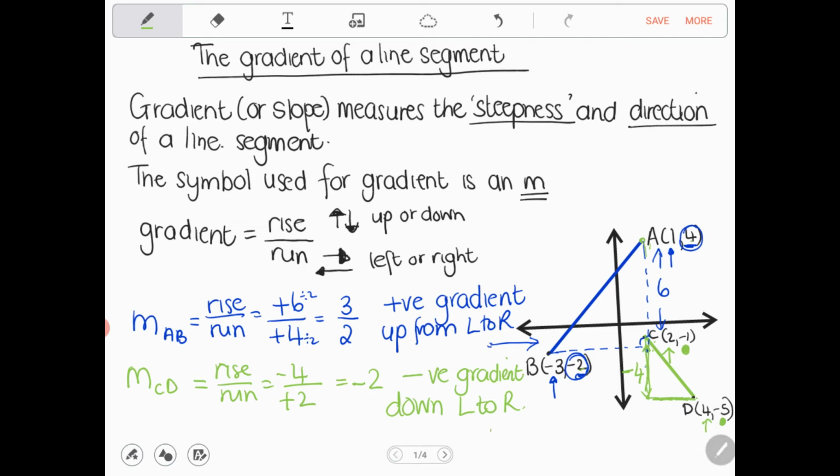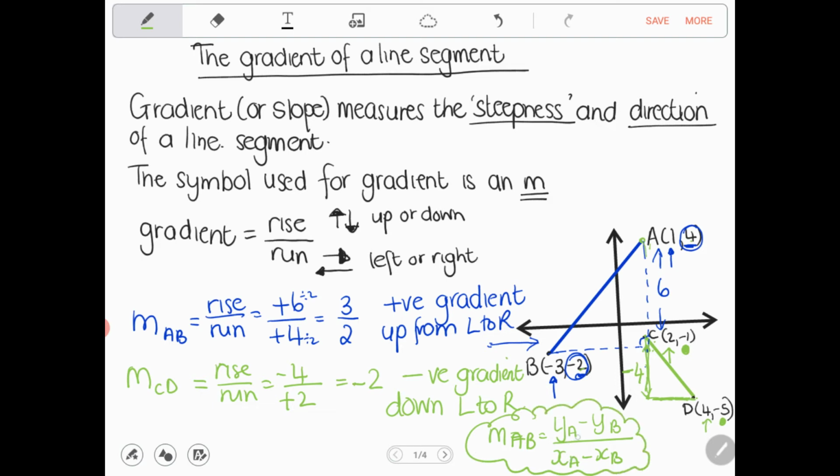And we change it into this formula. So if we wanted the gradient of AB, we would go the y at A minus the y at B. That would give me my rise. And the run would be x at A minus x at B. So we're going to use this formula instead of counting the gradient this year.